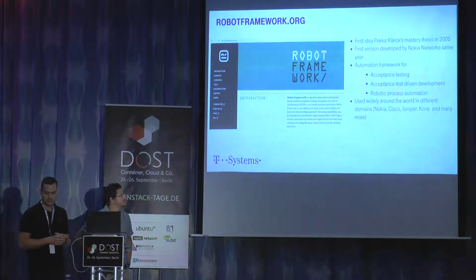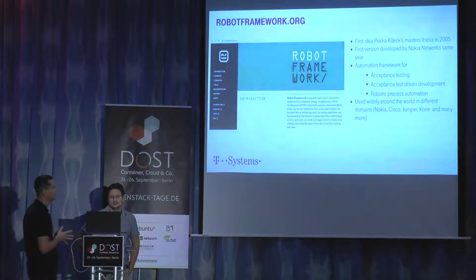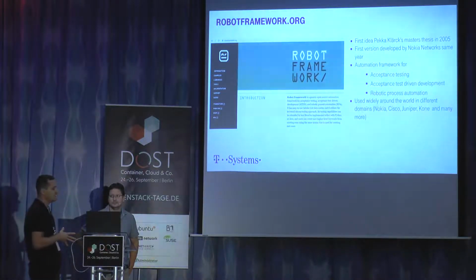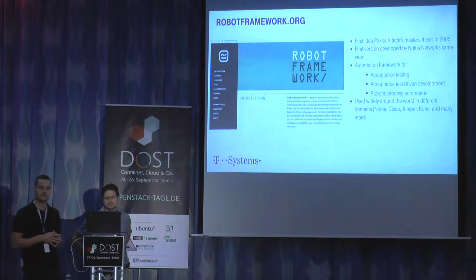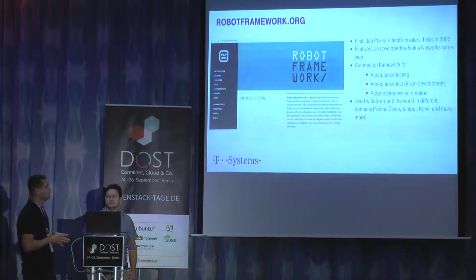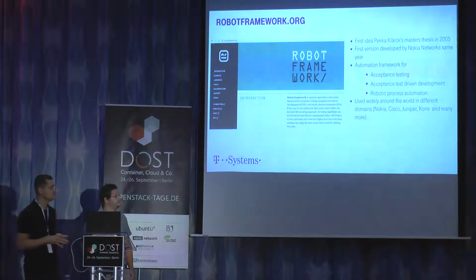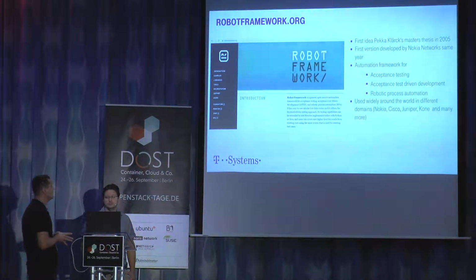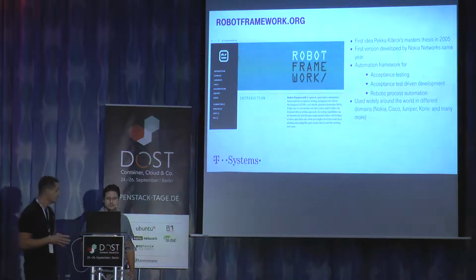It is widely used by different multinational companies in different domains, just to name a few, Nokia, Cisco, etc. The first idea of this project came from Pekka Klärck in 2005, and the same year the first version was developed by Nokia Networks. If I'm not mistaken, 3 years later, it went open source. More information you can find, of course, on robotframework.org.